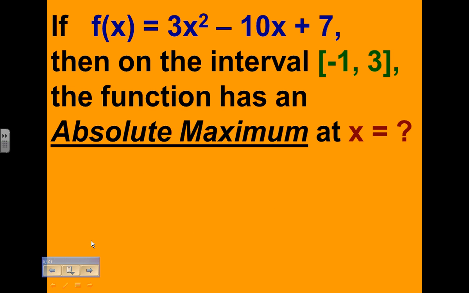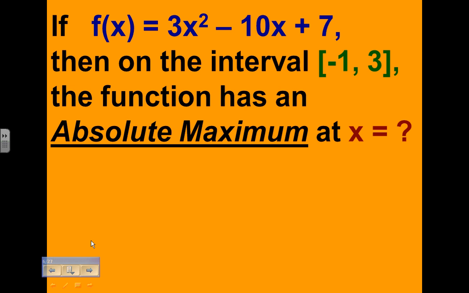Do you remember how to do this? What is the absolute maximum of this function over the closed interval -1 to 3? We talked about this during this chapter. No, that just gives you a vertex, not necessarily the absolute maximum.